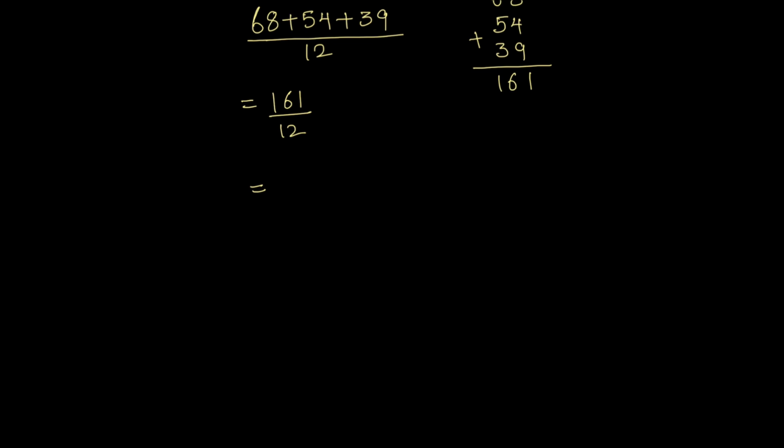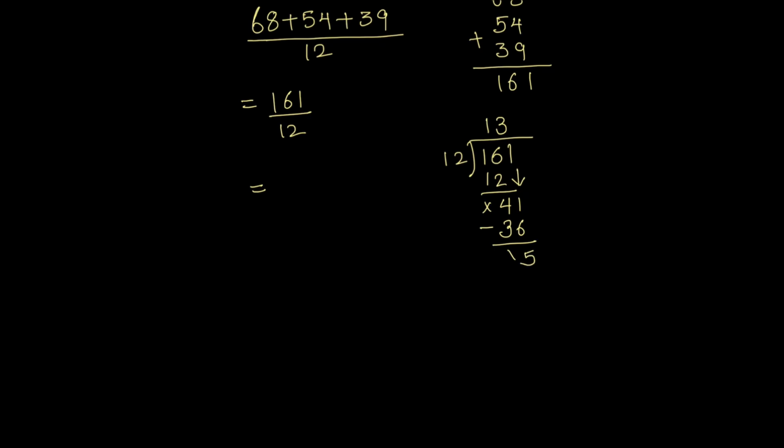We can even write it in mixed form and divide the two numbers. So 161 divided by 12 will be 12 times 1 is 12. 4 is remainder. Then we'll drop down 1. 12 times 3 is 36. And 41 minus 36 is 5.